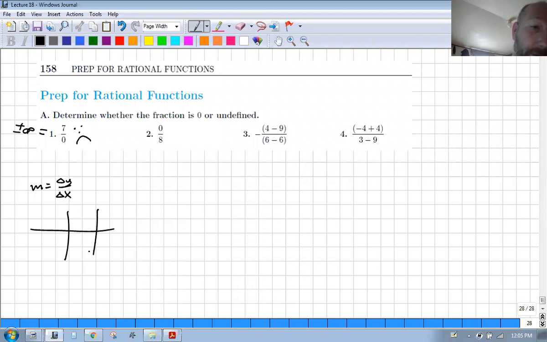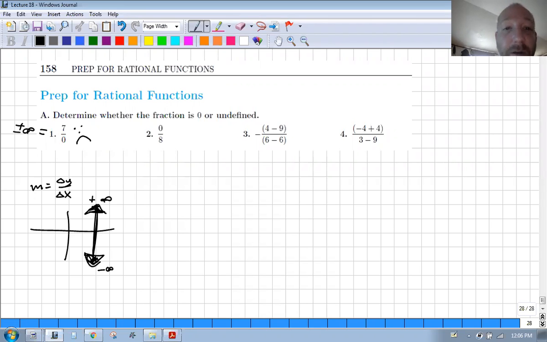If you have a line that goes straight up and straight down, all right, which way is it going? Is it going straight up, or is it going straight down? It's doing both, right? But when you're dividing by 0, you're going to positive or negative infinity.